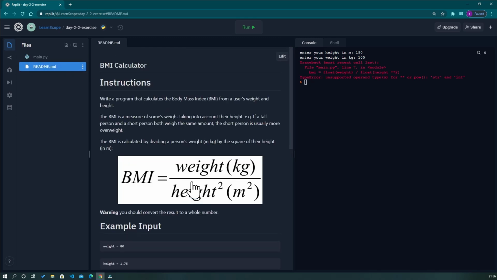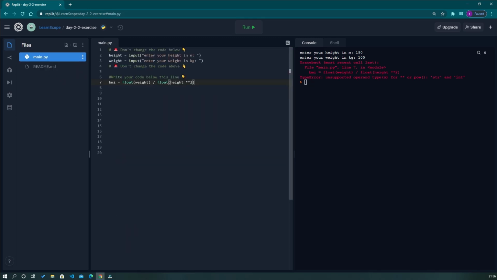Weight divided by height squared. Oh, okay.